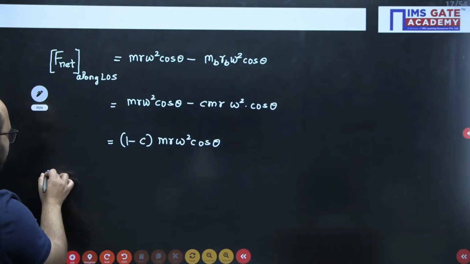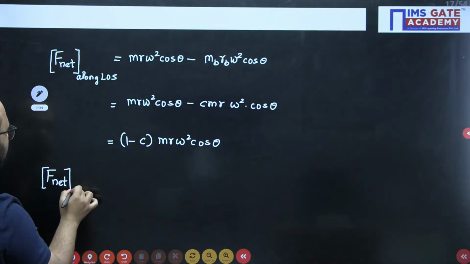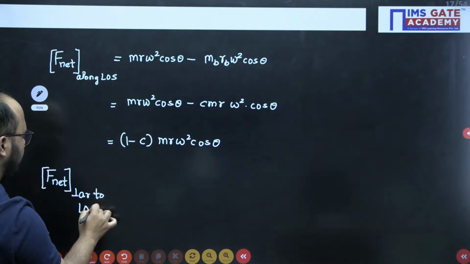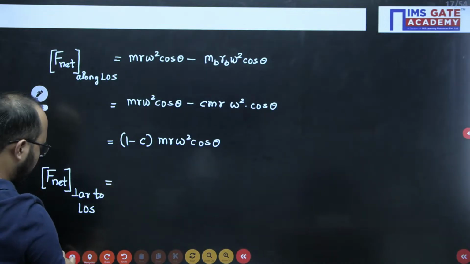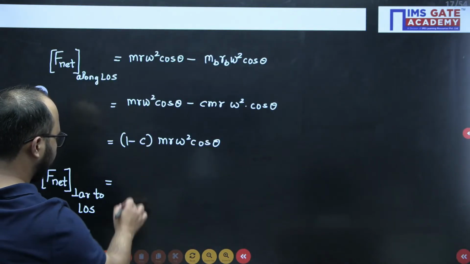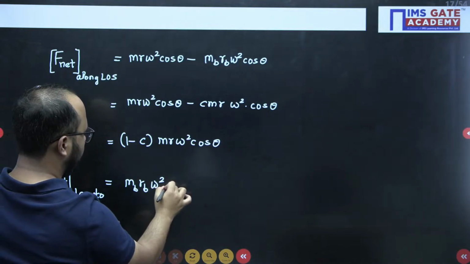Now next is the net force perpendicular to the line of stroke. The only force perpendicular to the line of stroke is MBRB omega square sin theta.